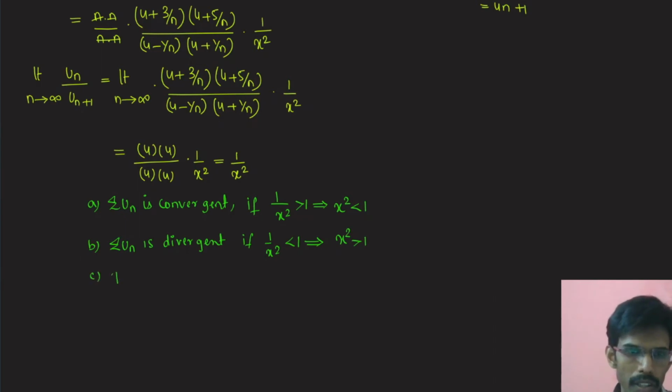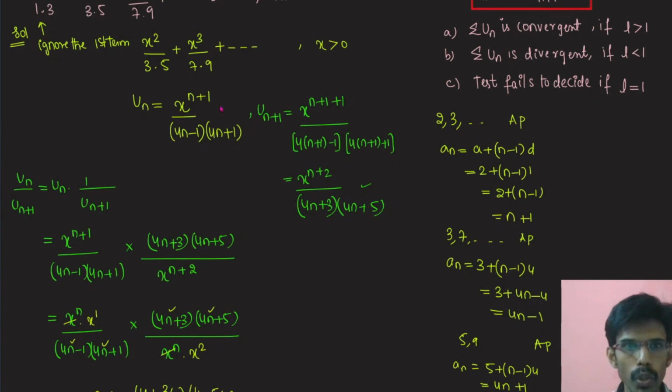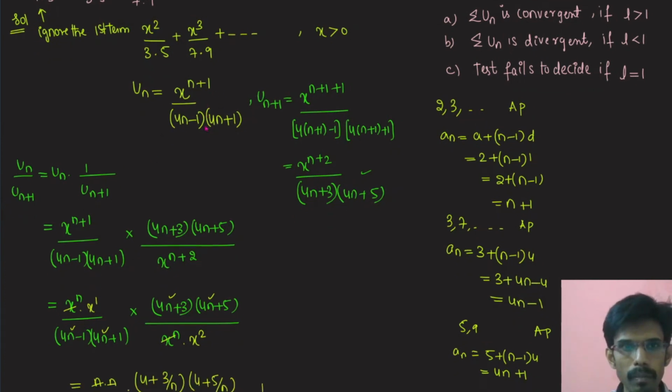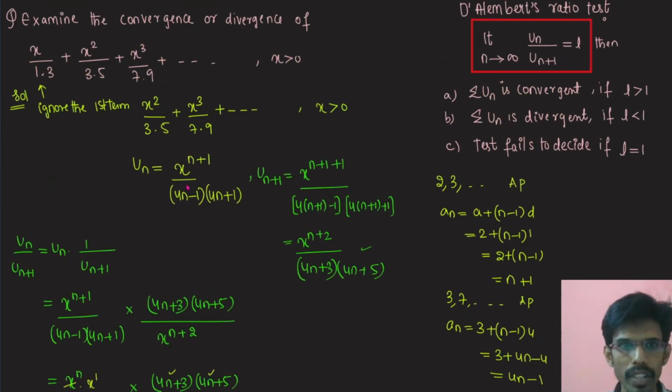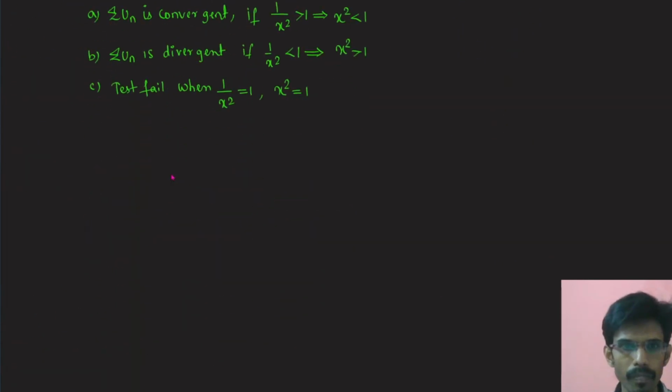Now see, the test fails when 1 by x square value is 1, that is, x square value is 1. Now we extend this test failure: put x square equal to 1 in this Un. We have x square value 1, means x value 1, the positive value of x is 1, so Un will become 1 by 4n minus 1 into 4n plus 1.